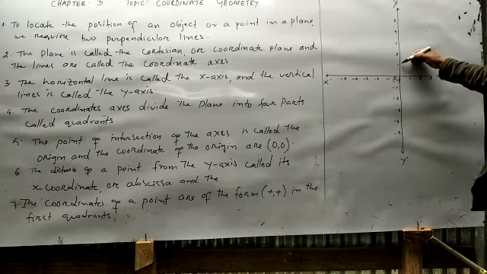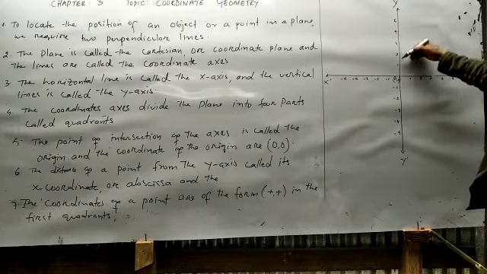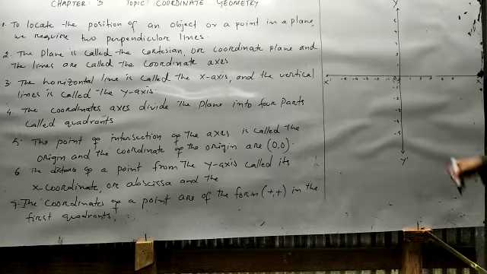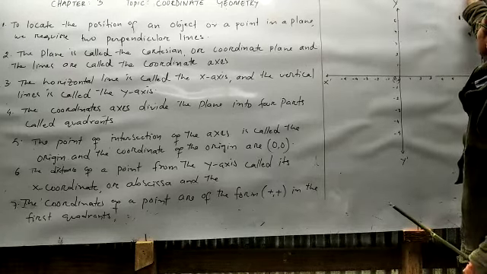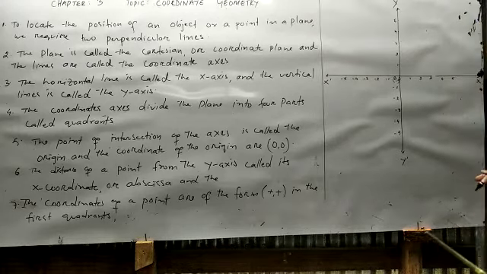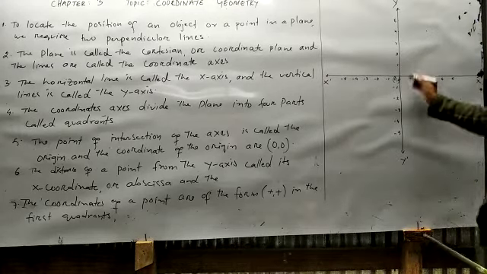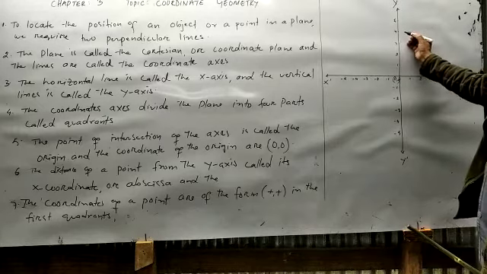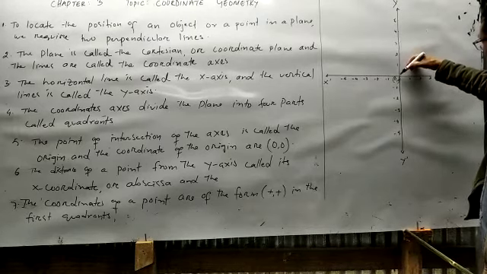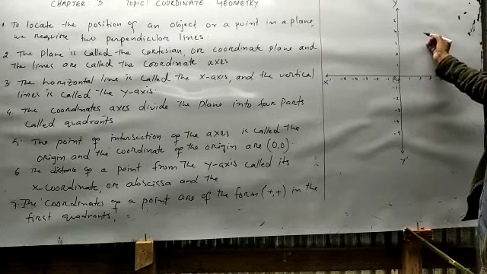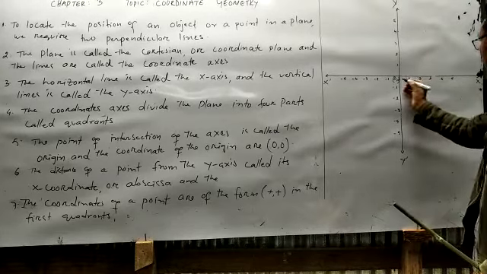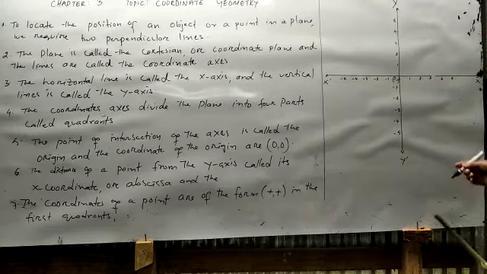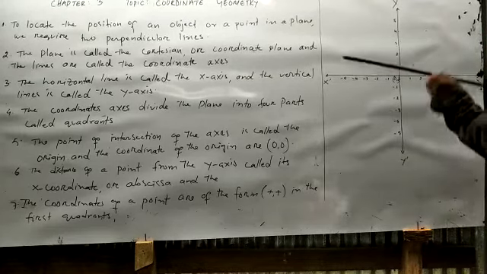Let us consider these marks 1, 2, 3, 4, 5, where 1 unit is equal to 1 kilometer. Your house is north of your school. The distance from your school to your house is 4 kilometers north, and 3 kilometers east of your school.